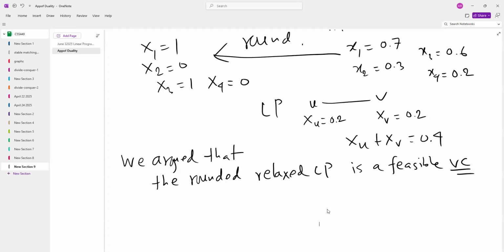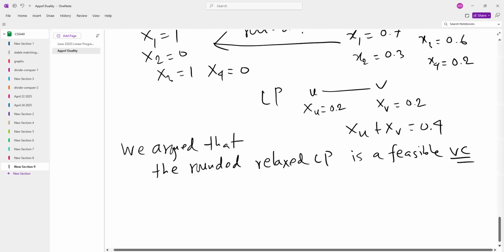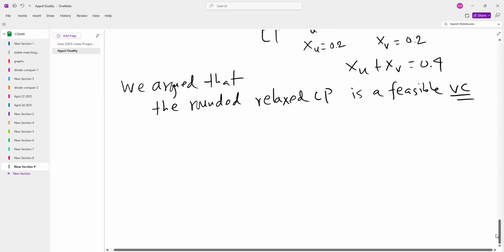So now the big question is, how do we know how bad this is compared to the optimal? Okay. So this is where we're going to utilize the notion of a linear program, right? So what have we done? We have an ILP. Originally it's an ILP for the vertex cover, right?